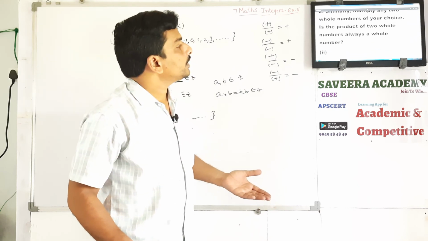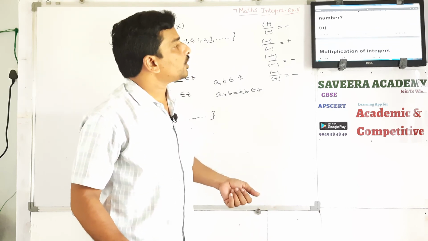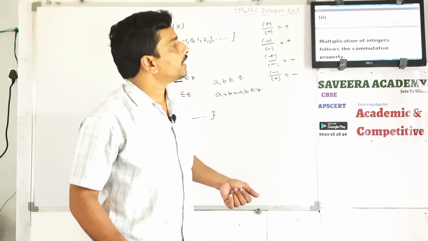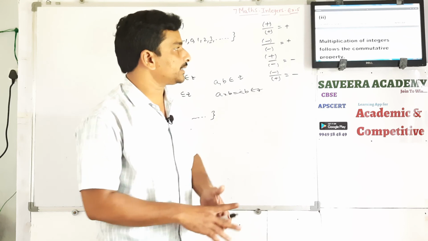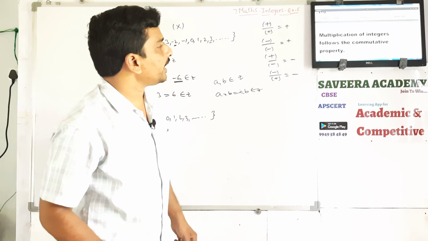Okay. Next, commutative property under multiplication.